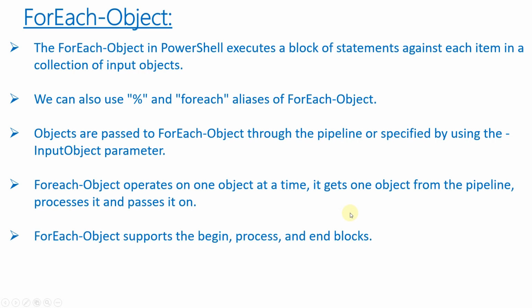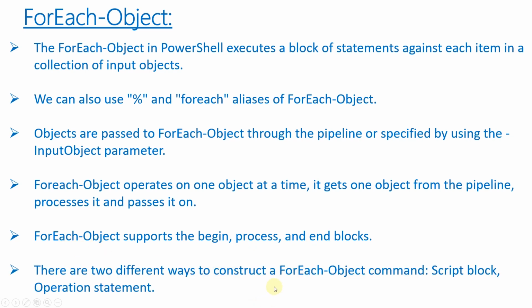We can use three blocks with ForEach-Object, that is begin, process and end. When we use begin, process and end, the begin block will be executed at the start and the end block will be executed at the end of execution, and the process block will be executed for each of the elements coming to the ForEach-Object commandlet.